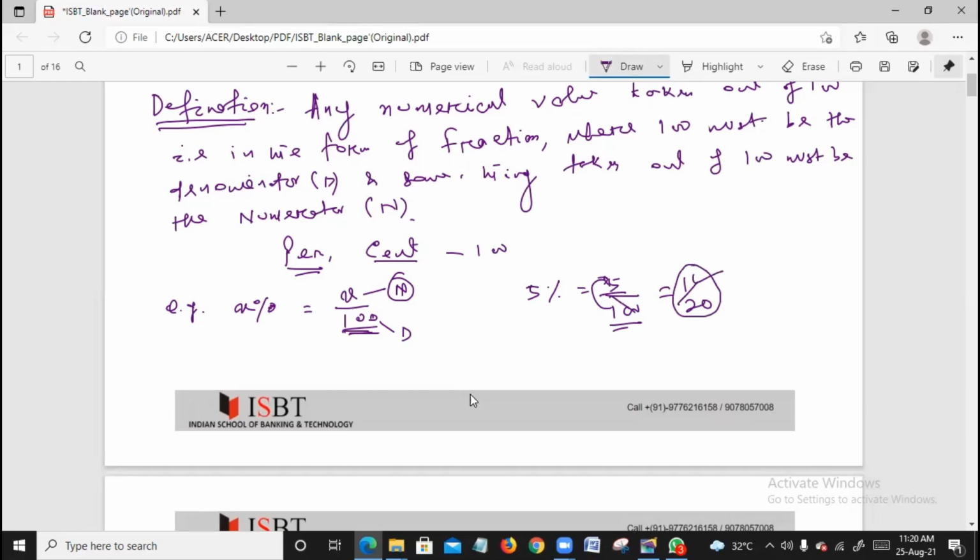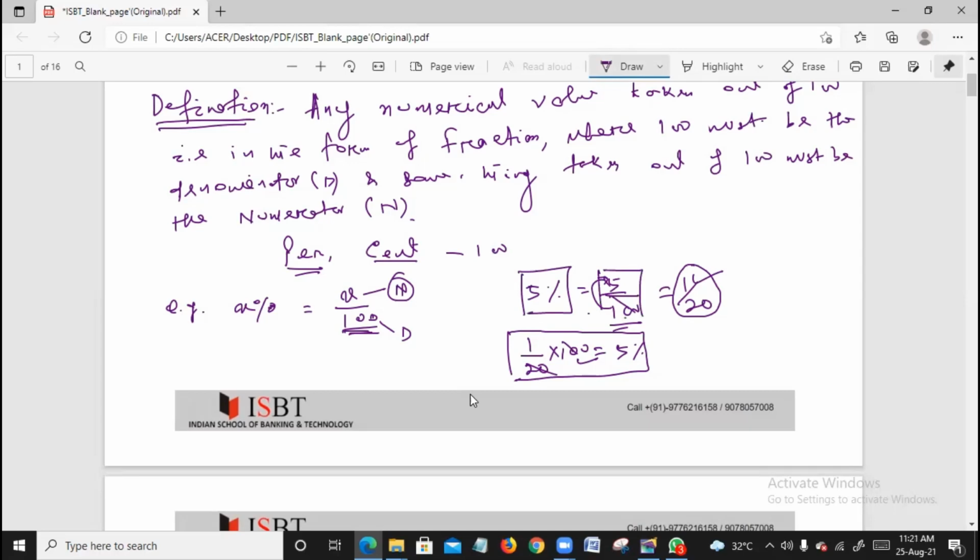Suppose I convert a fraction to percentage. At that time, we multiply by 100. When you convert the fraction into percentage, at that time we multiply by 100. When you convert the percentage into fraction, at that time we divide by hundred.